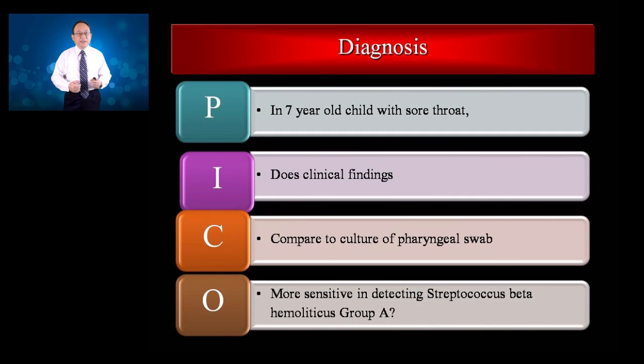What will you see? Which is more sensitive in detecting Streptococcus beta hemolyticus group A, meaning because you suspect your patient has Streptococcus beta hemolyticus group A, and then to detect whether there is Streptococcus, which one do you have to use?